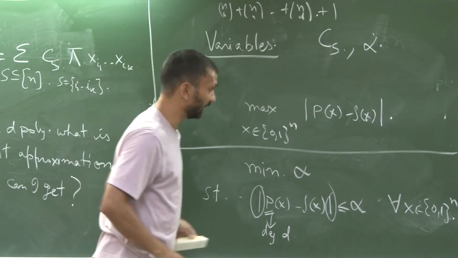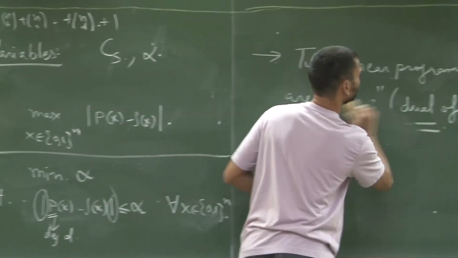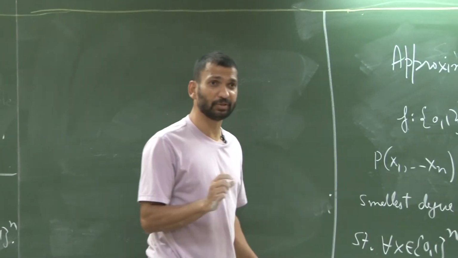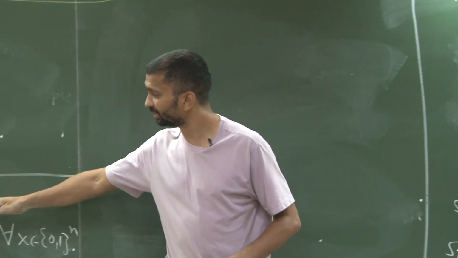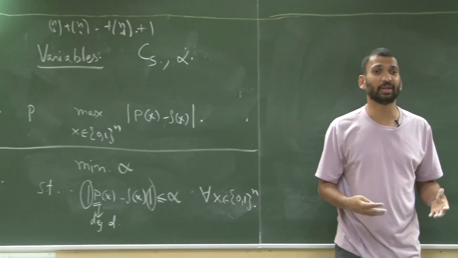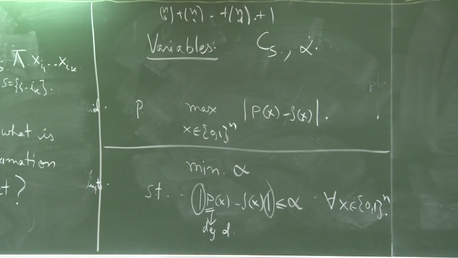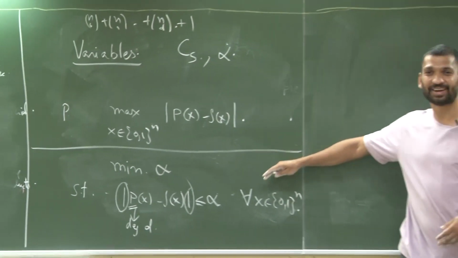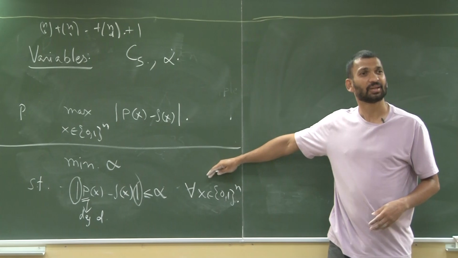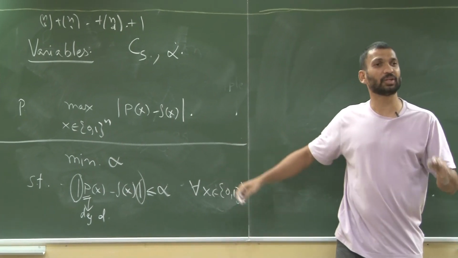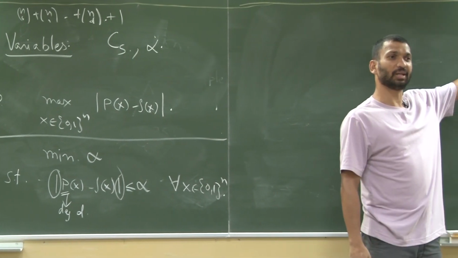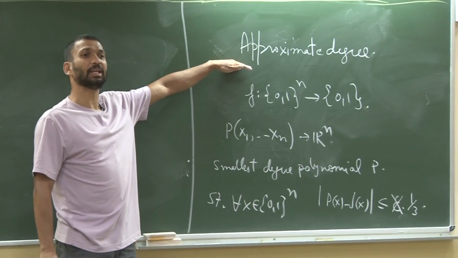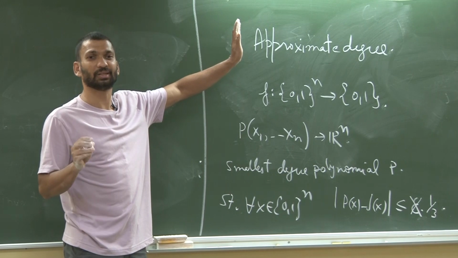I don't know about many other fields, but at least for quantum computing, this realization was very, very important. Looking at this, changing the problem to the dual nature, and then writing out this thing. This is the only way in which we can bound approximate degree for non-symmetric functions. This is the only technique we know, and people have been working on it for at least 20 years.